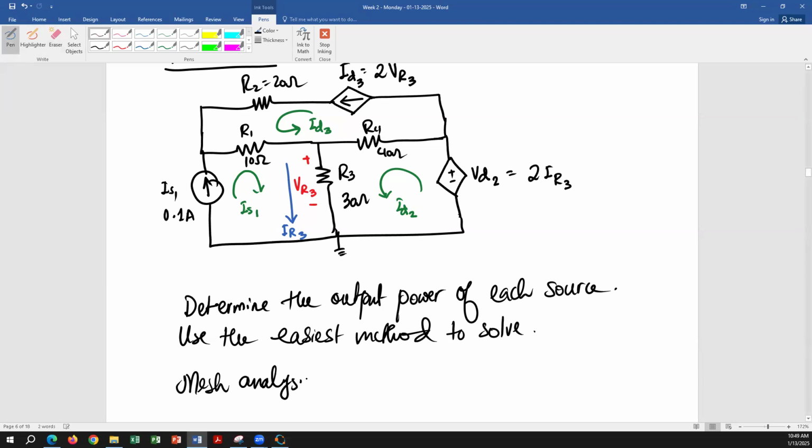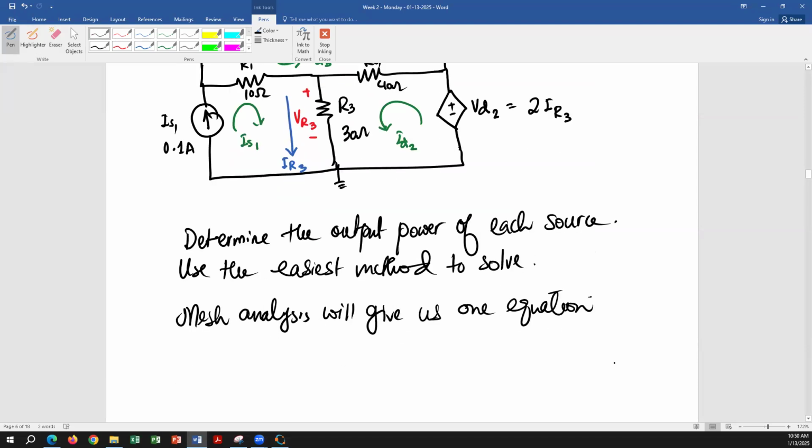Mesh analysis will give us one equation. Okay, so KVL in the mesh with VD2.